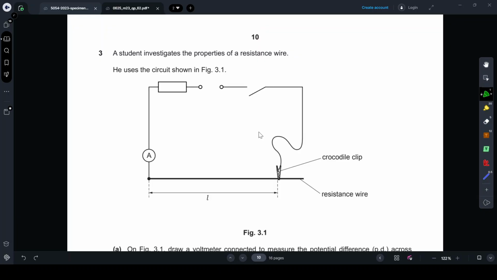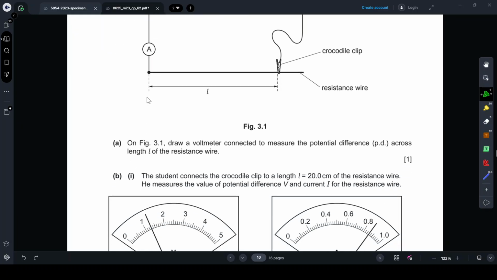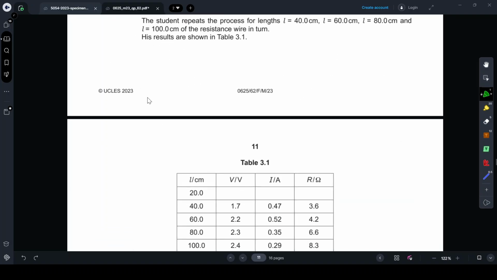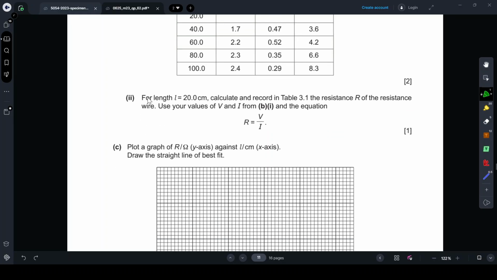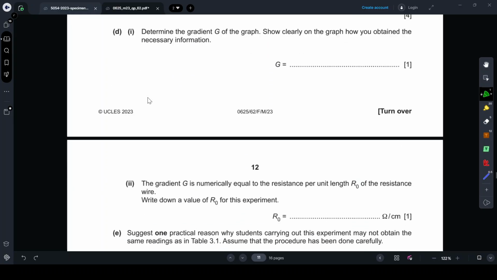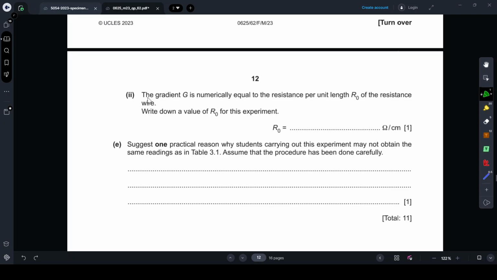A student investigates the properties of a resistance wire. He uses the circuit shown. Didn't something quite similar come up in yesterday's paper? The specimen. I believe the specimen ATP that we did was quite similar.